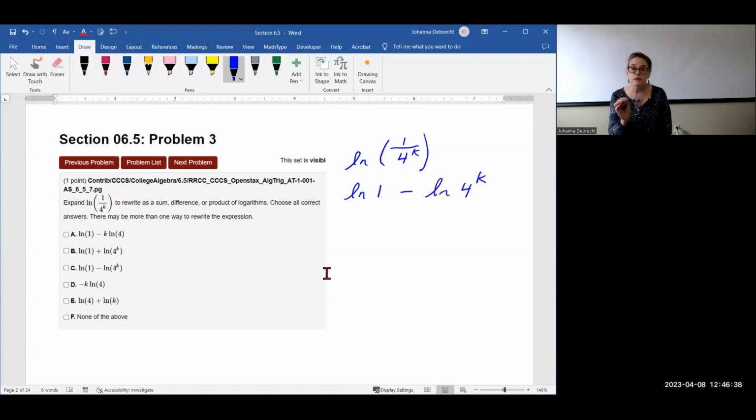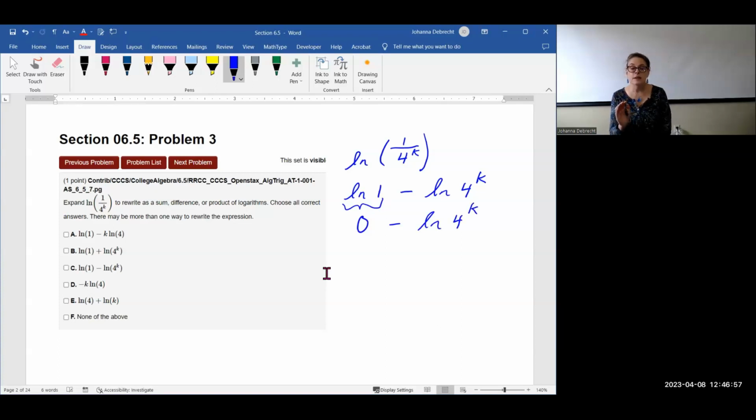Now, the very first property we had was if the answer part is 1, then the power was 0. So if you have a 1 for the answer part, this becomes 0. So I have 0 minus the natural log of 4 to the k.